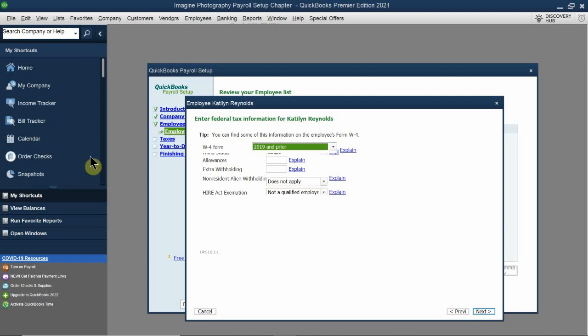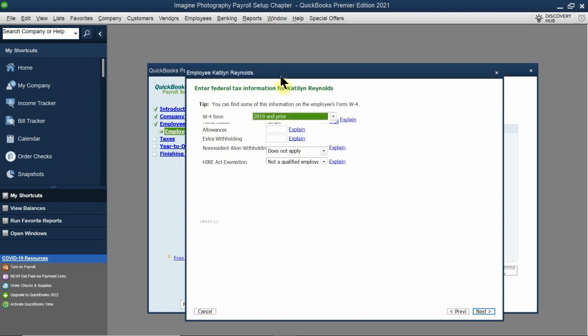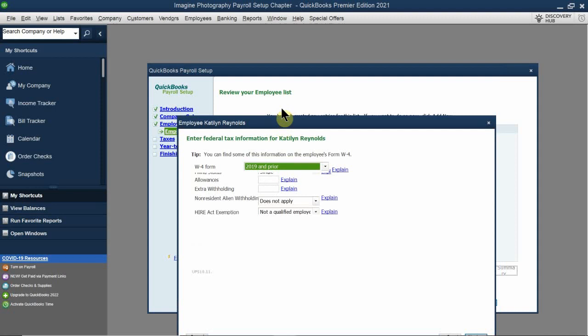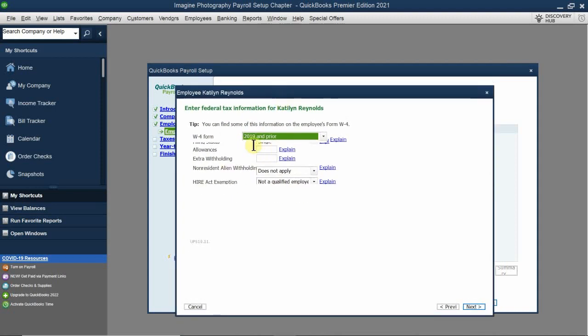The W-4 form is very important, especially because this is what tells the employer how much taxes to withhold from her paycheck. Now, because of my screen, it's a little messed up just because I have it at the largest percentage of magnification just so that you guys can see it on your screen.